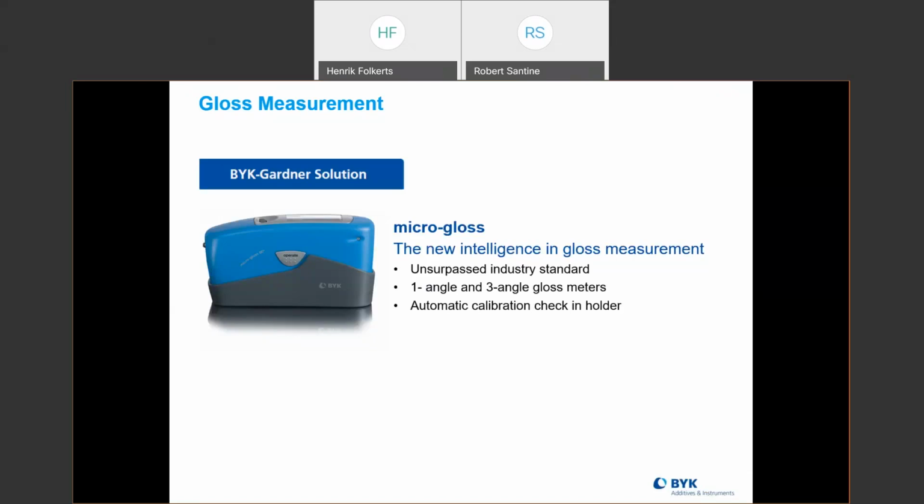It does an automatic calibration check in the holder. And we have various measurement modes depending on your task. It can do statistics, difference mode, pass/fail if you input tolerances. It can also do online measurements or averaging if you're measuring a large surface area.